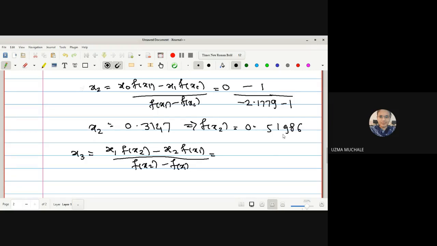Okay. Have you got the same answer? F of x2 is equal to?